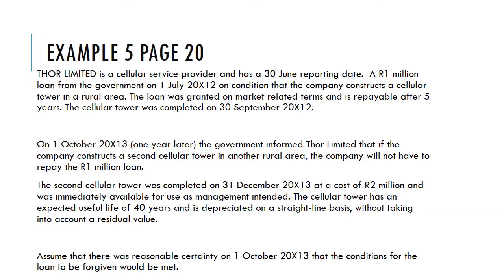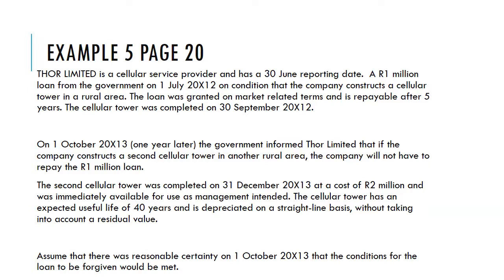Just from reading that paragraph, we can see that there is no grant because everything happened in market-related terms. Then if we read on, on 1 October 2013, 1 year later, the government informed Thor Limited that if the company constructs a cellular tower in another rural area, the company will not have to repay the R1 million loan.